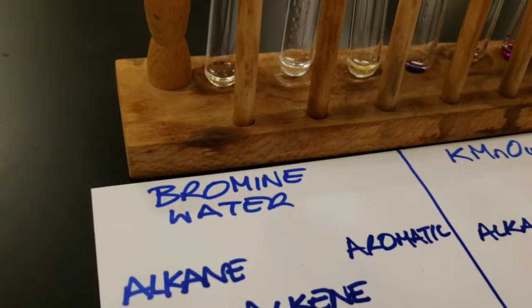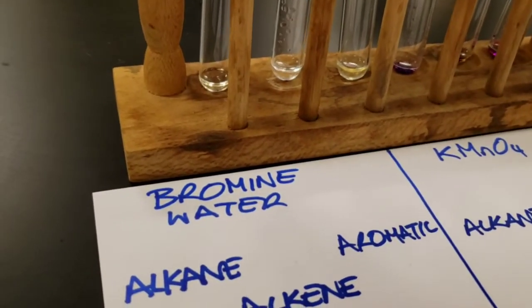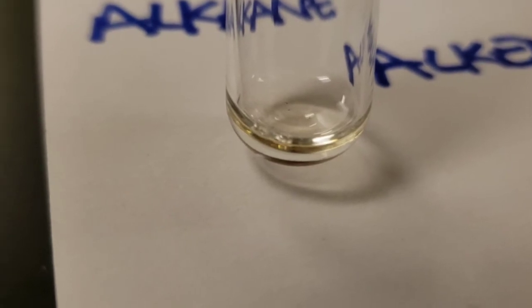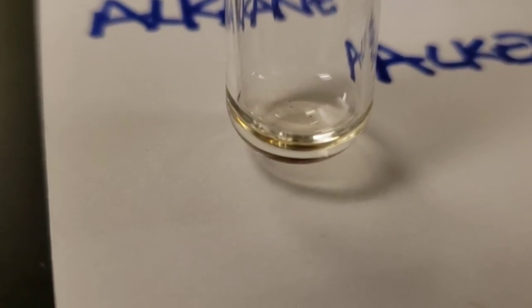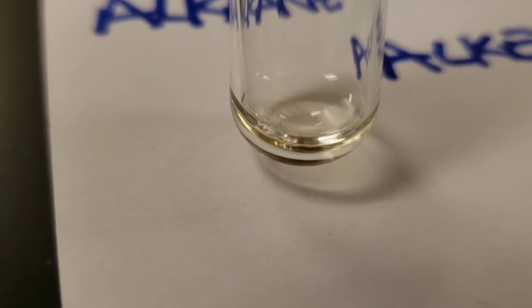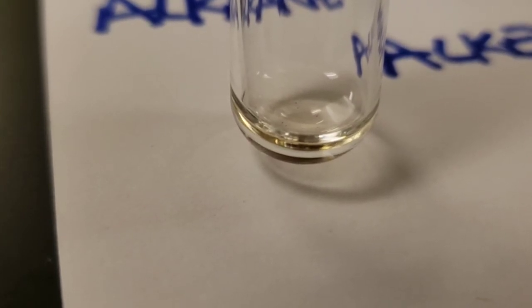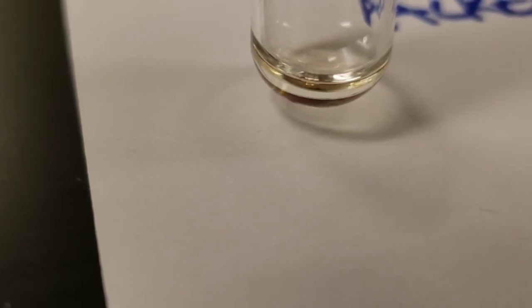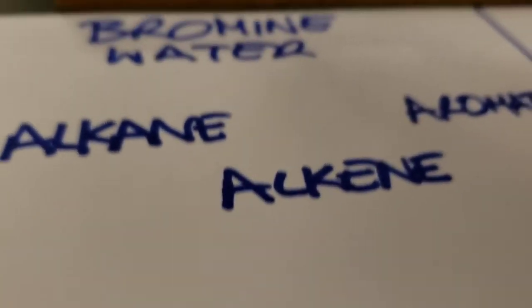If we inspect the alkane plus bromine water, what we can see is that there are two layers at the bottom of the test tube. All hydrocarbons are less dense than water. If you can see any yellow tinge still in the test tube from the bromine water, then the bromine has not been taken up into this reaction. Next, let's look at the alkene.